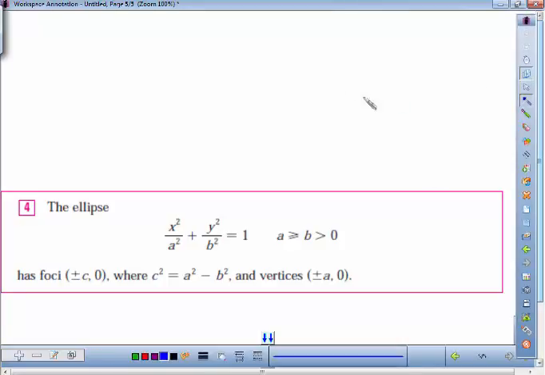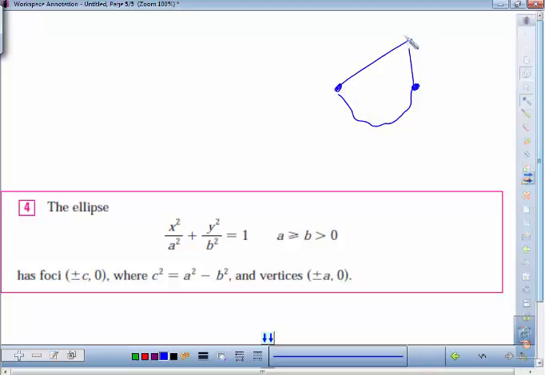The idea is that you have a couple of nails, and you tie a string around them. Then you take a pencil and pull the string tight, over here on this side, over here, and over here.